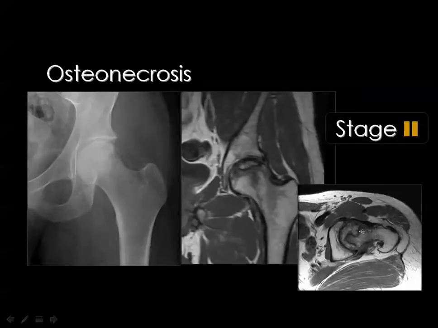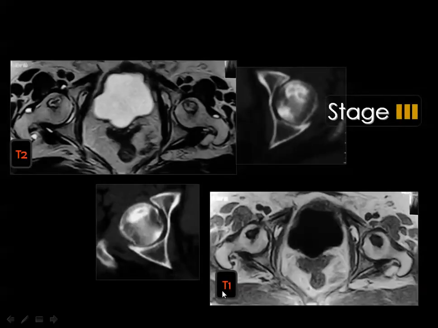Here, in the plain X-ray, you cannot appreciate any abnormality, but in the MRI, you can see the line indicating that you are in stage 2 at least. You look at the bone within the line, which is the dead bone. If it is similar to the viable bone, then you are dealing with stage 2 avascular necrosis.